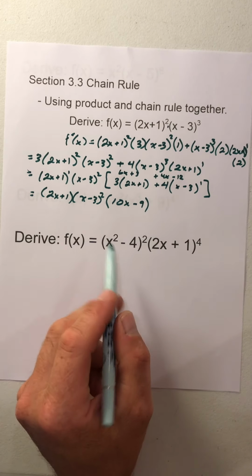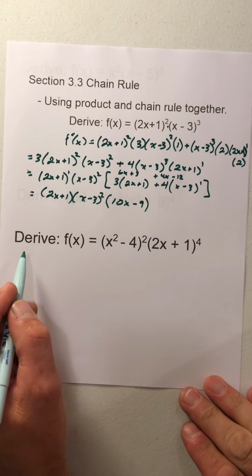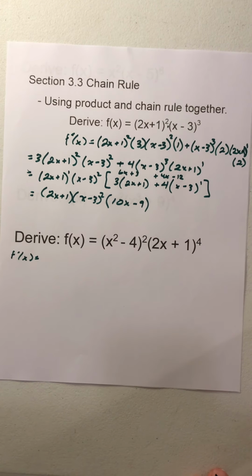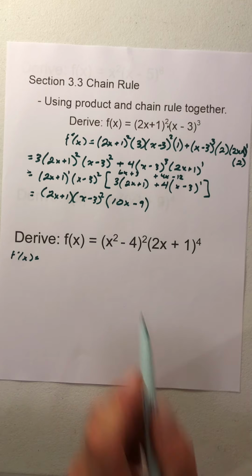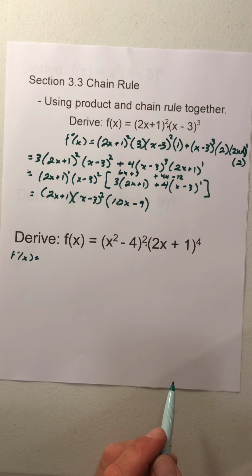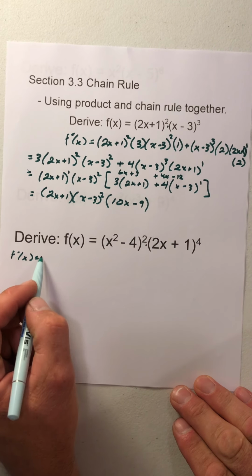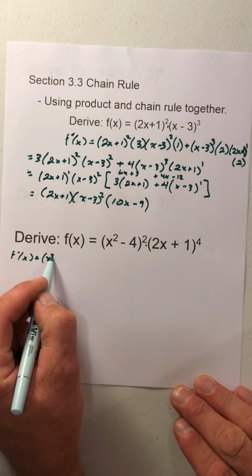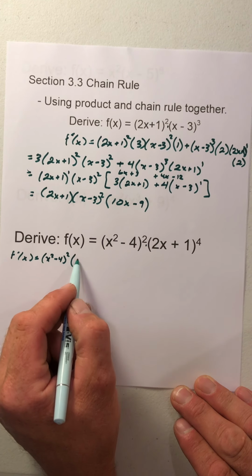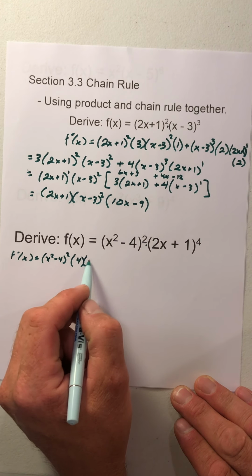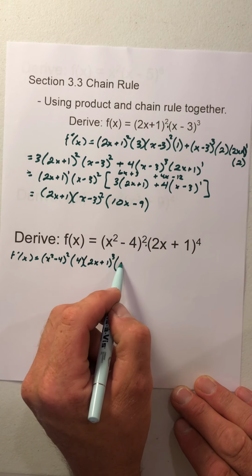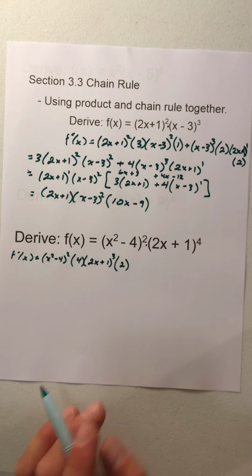Example 2, we're not going to deviate a whole lot from that one. I think this is enough work for the day, isn't it? So, our derivative, we're going to multiply these two together. Using the chain rule, we rewrite the first, x squared minus 4 to the second. We're taking the derivative of 2x plus 1 to the fourth. Bring our exponent to the front, inside stays the same, decrease the exponent by 1, then the derivative of the inside.